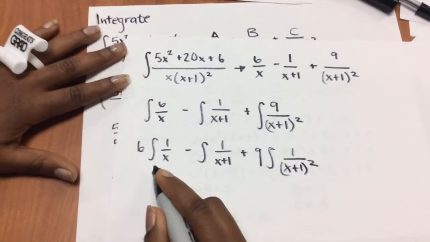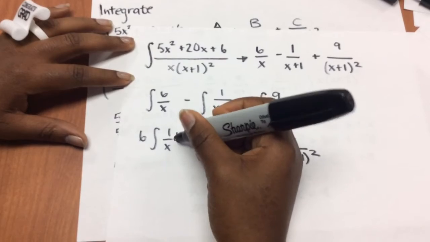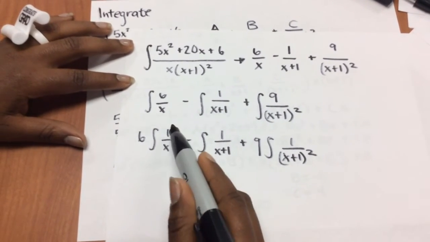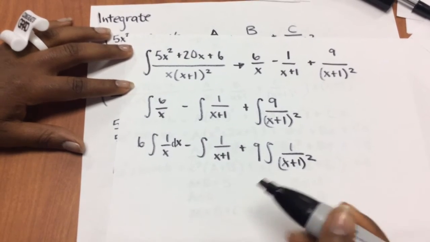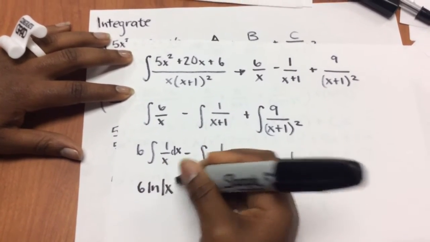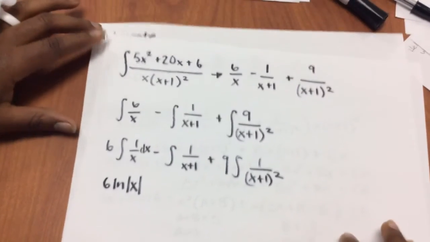Okay, for this integral, you don't have to do u-sub because it's already in the ln form. The integral of 1 over x is ln x, so we can just simply put 6 times ln of the absolute value of x.